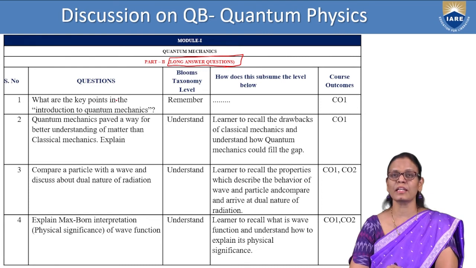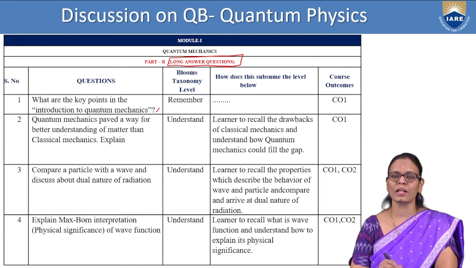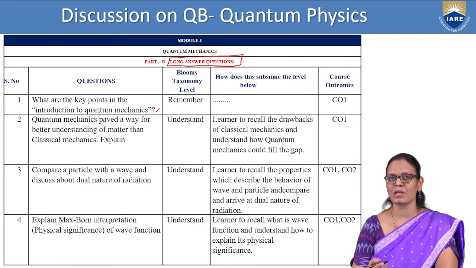So what are the key points in the introduction to quantum mechanics? All the points that are related to quantum mechanics. The first thing, it is always talking about microscopic particles. Wherever classical mechanics failed in explaining the behavior of microscopic particles like protons and electrons, how quantum mechanics could successfully explain.